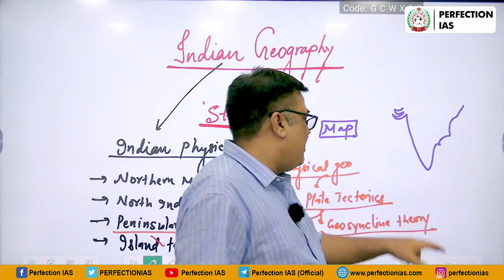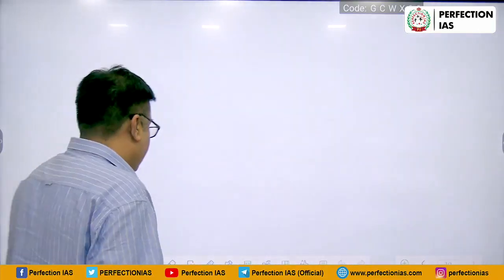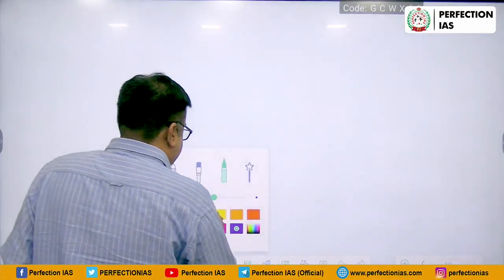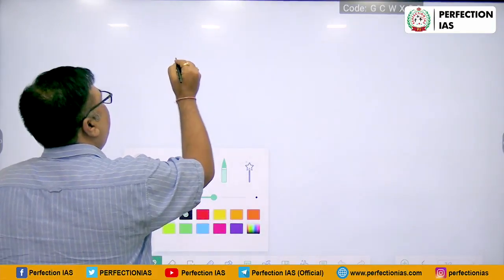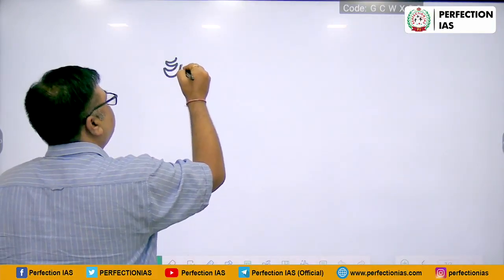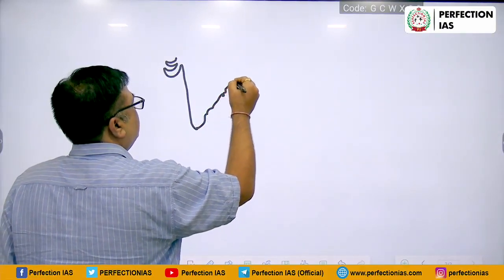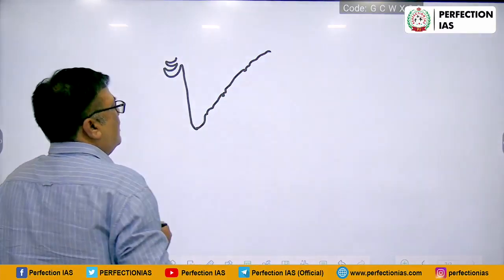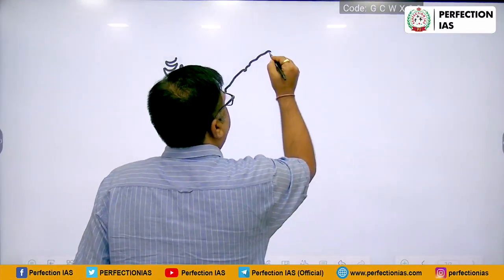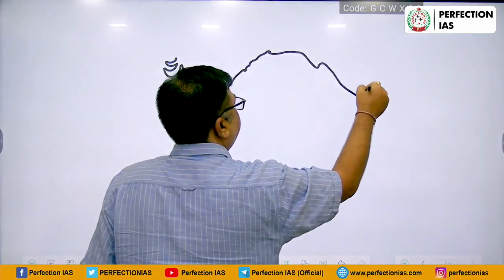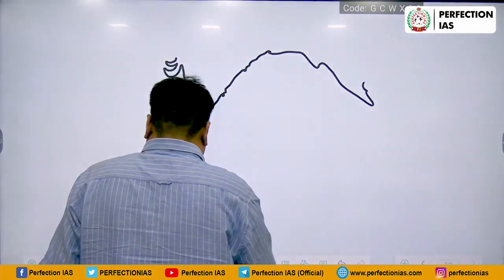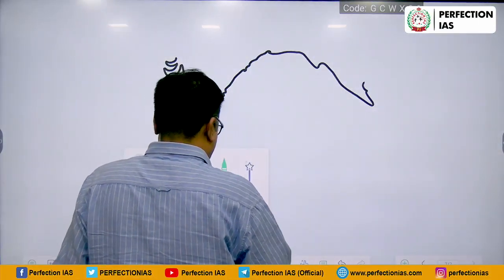Now suppose we have to learn how we should study this. If here it is India, and now if we have to talk about Andaman Nicobar, then how should we learn about this?